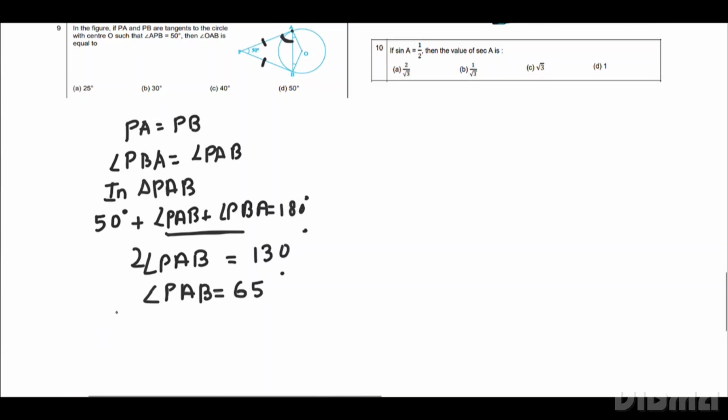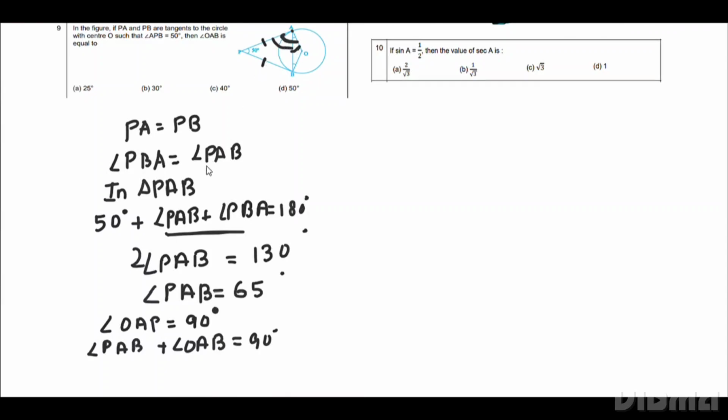So I can say that angle OAP will be equal to 90 degree, because the radius and the tangent are perpendicular at the point of contact. Now I can say that angle PAB plus angle OAB is going to give me 90 degree. So this part plus this part is 90 degree.